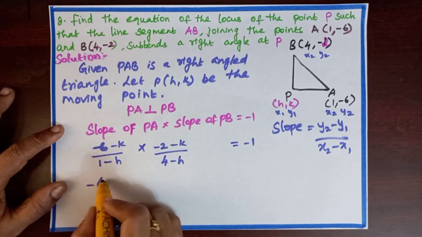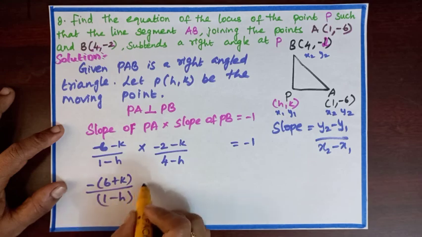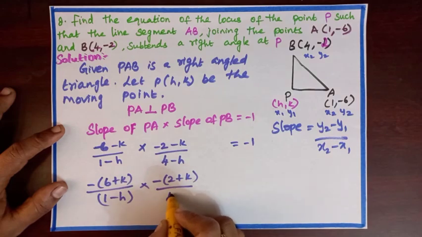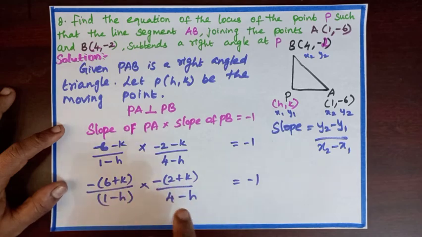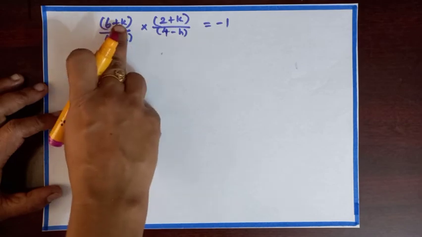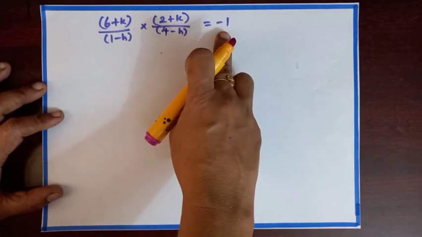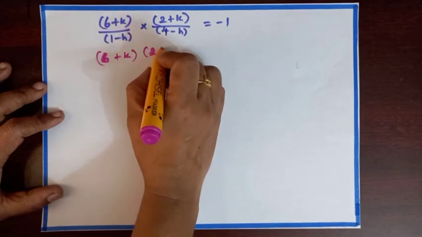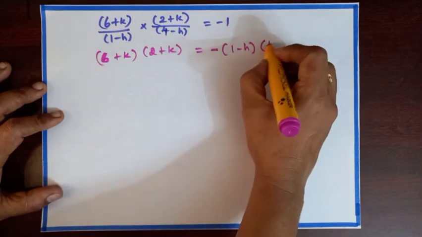Take the minus sign out in the numerators: (6 + k)/(1 - h) times (2 + k)/(4 - h) equals -1. Minus and minus will become plus. Then we have (6 + k)(2 + k) equals -(1 - h)(4 - h).